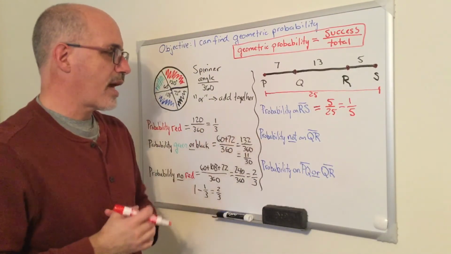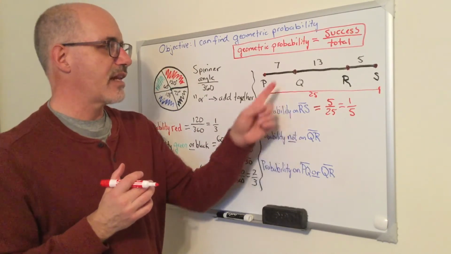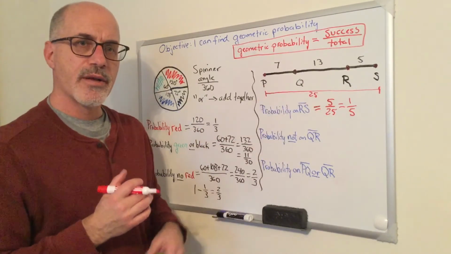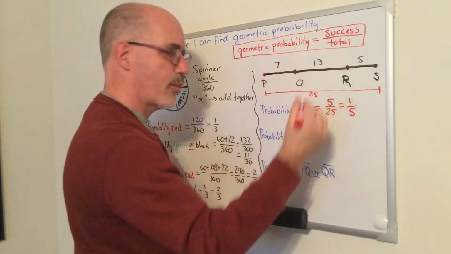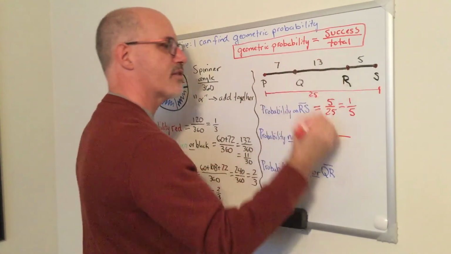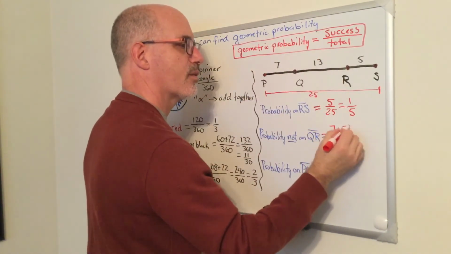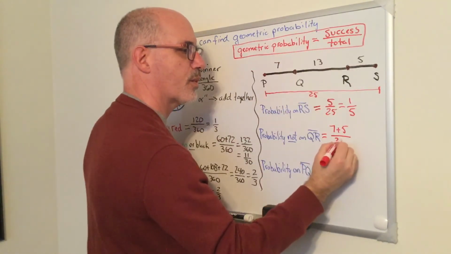Okay, now let's try, again, a twist on it. Let's say, what if it's not going to land on QR, this middle part? Well, I've got two ways to do it. I can either add the other two together and put it over the total, which is what I'm going to do. I'm going to put 7 plus 5. What are successful, that's the success over the total, which is 25.